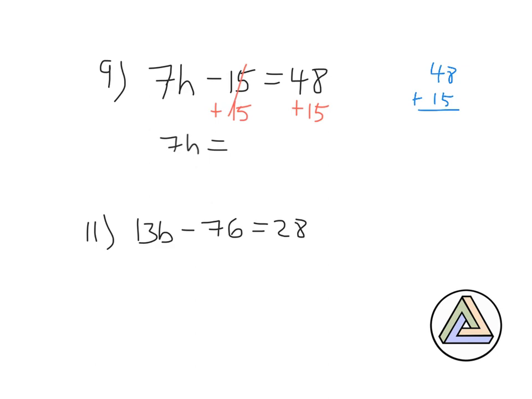Let's analyze that. 8 plus 5 is 13, carry the 1, and then it's going to be 4 plus 1, which is 5, plus that extra 1. So that's going to be 6. So 48 plus 15 is 63, and then at that point you're going to want to divide both sides by that 7, and you end up with h equals 63 divided by 7.